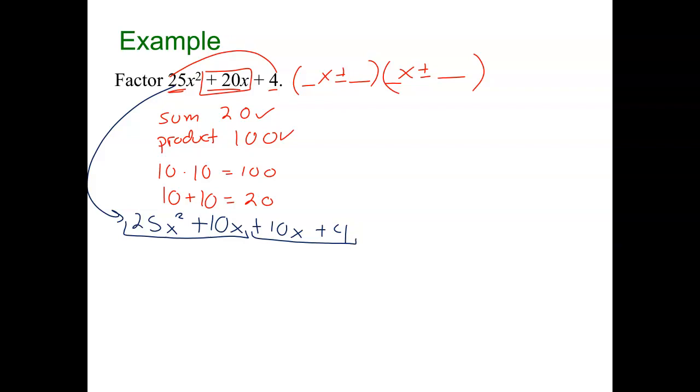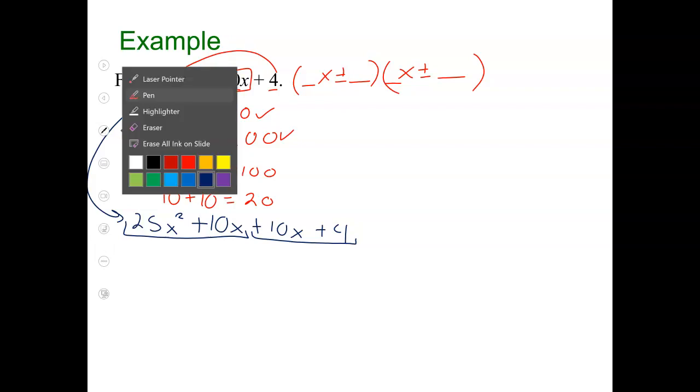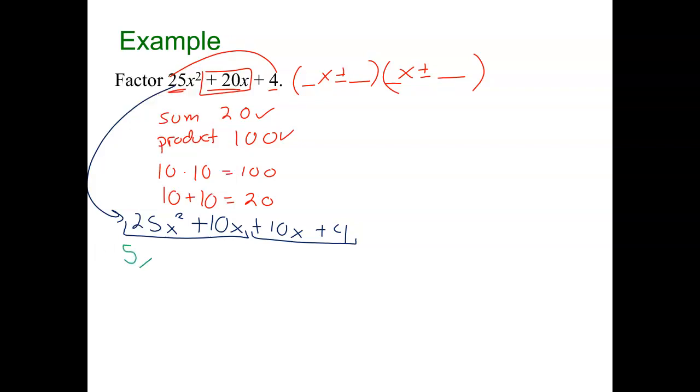What's my greatest common factor for the first 2 terms? 5x, which will leave me with 5x plus 2. What's my common factor for the second set of terms? 2, which leaves me with 5x plus 2.